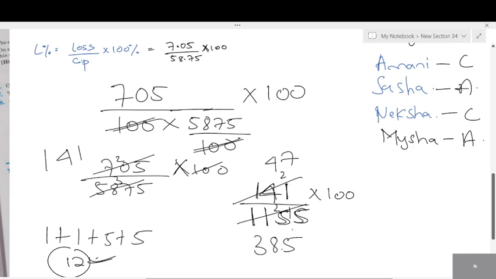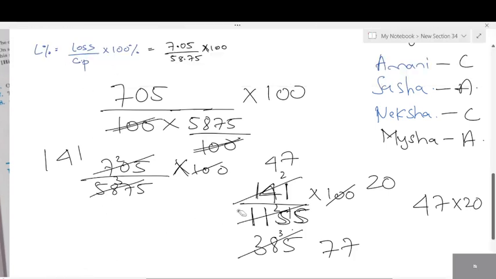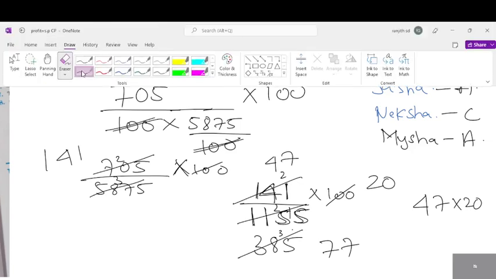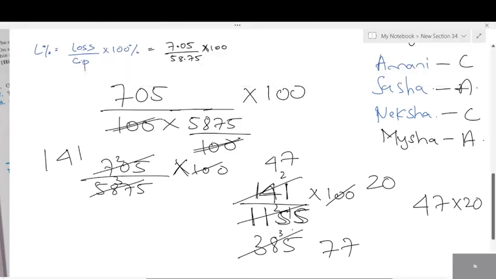Okay, then 385. So you can use the 5 times table here. 5 sevens are 35, 77 times. 5 into 20 times. Fine. So 47 into 20, you get a mixed fraction value. All of you multiply 47 into 20, students. 940. 940 divided by 77 will give you the answer.